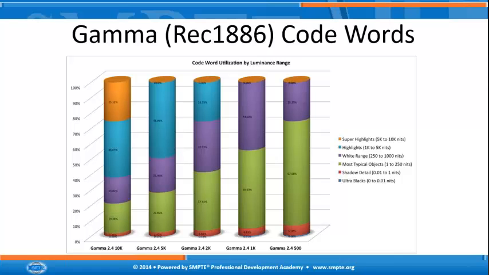And that just continues along the way as we go to 2K, as we go to 5K, as we go to 10K. You can see by the time we get up to 10K, we're using well over half of the code words to represent only highlights in the image. Obviously not where we want it to be. We've relegated most of the typical object range to only 20% of the code words, and shadow detail is squeezed down to almost nothing.